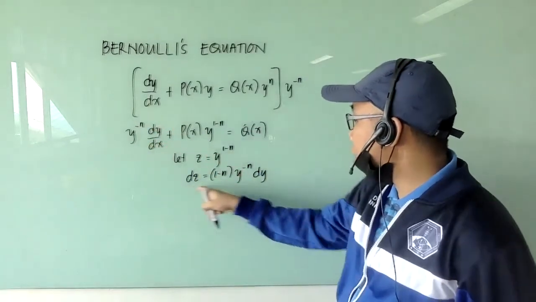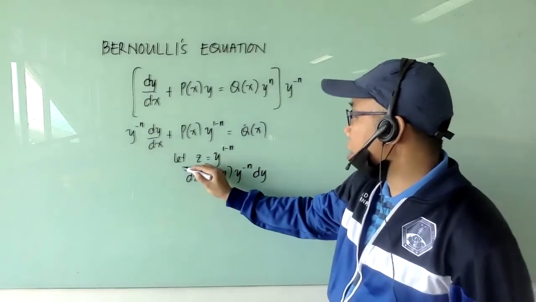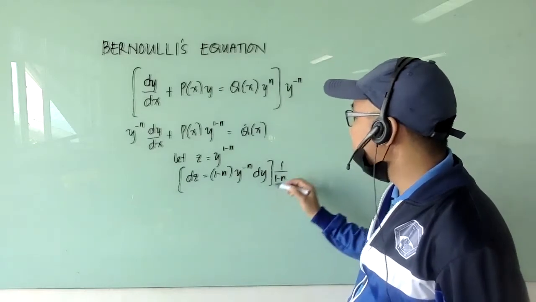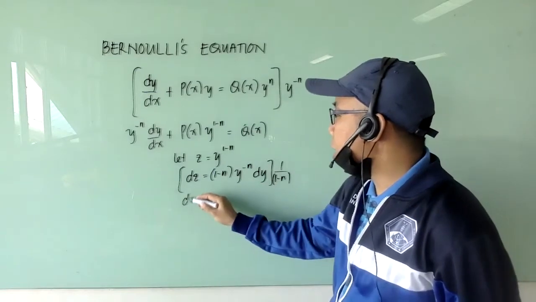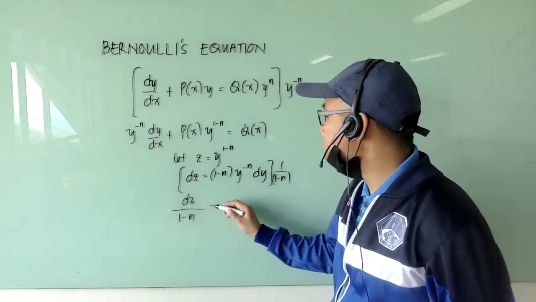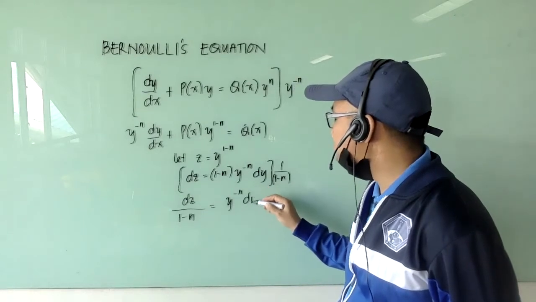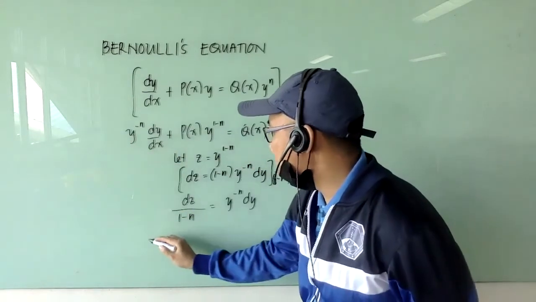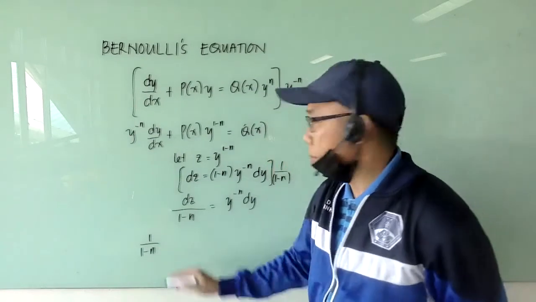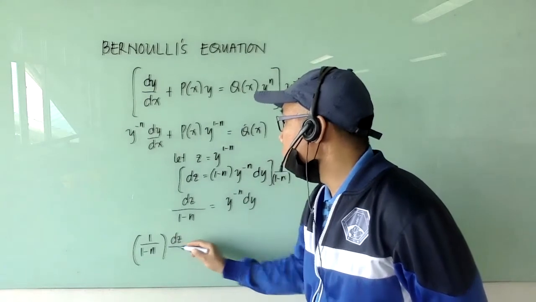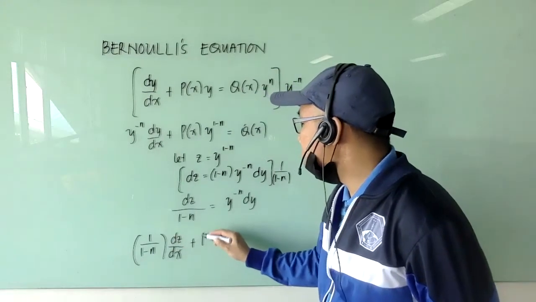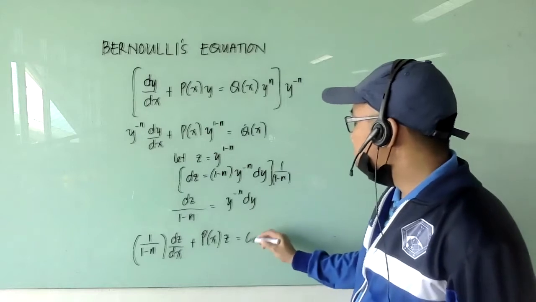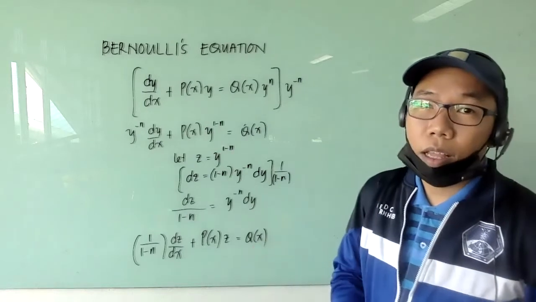So we rearrange this equation, dividing both sides by 1-n. We have dz/(1-n) equal to y^(-n) dy. Now we replace this in the equation, so you have 1/(1-n) times dz/dx plus p as a function of x, times the new variable z, equals q(x).